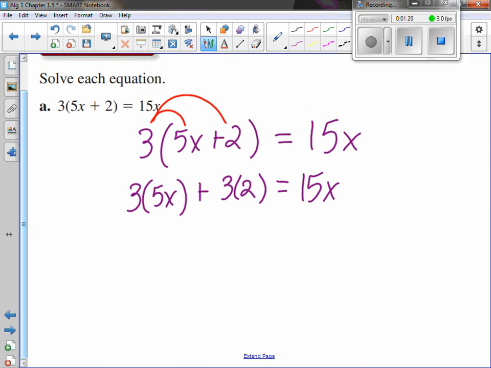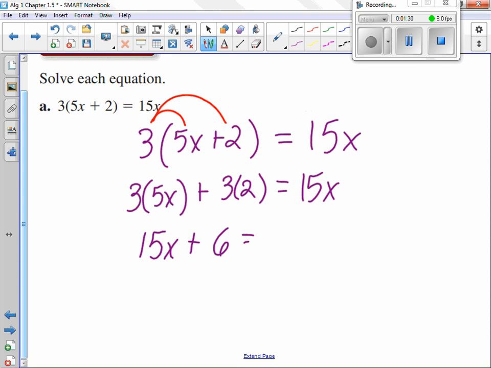Well, 3 times 5 is? So we have 15x. 3 times 2 gives me 6. Any questions so far? Now what do we need to do? We need to get the x's on the same side. So how can we move the 15x from one side to the other?